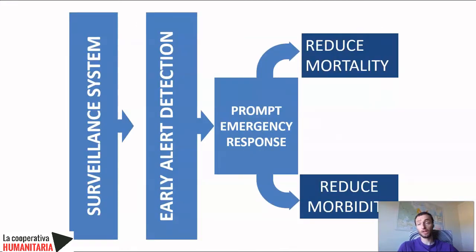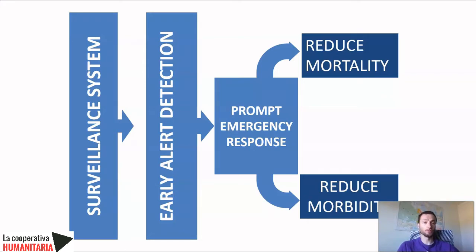So we're going to have normally in a project a surveillance system that can help us to detect alerts early. Sometimes we call this system an early warning system that will warn us about alerts. These alerts will allow us to analyze further the situation and to declare promptly the emergency, to define that now it's an emergency and we should start a response.